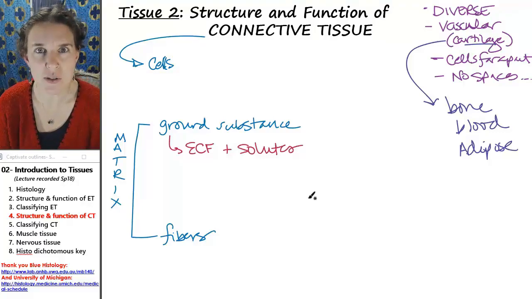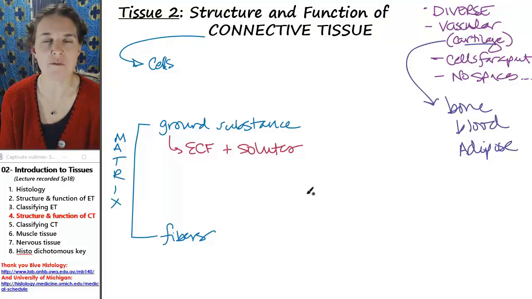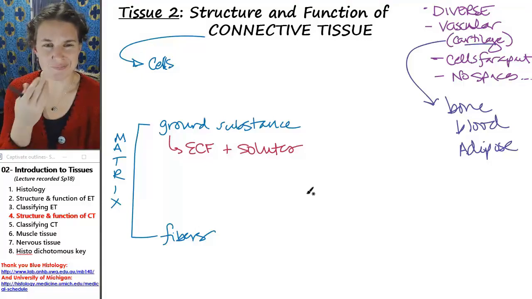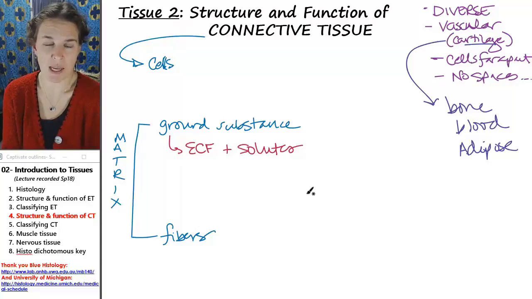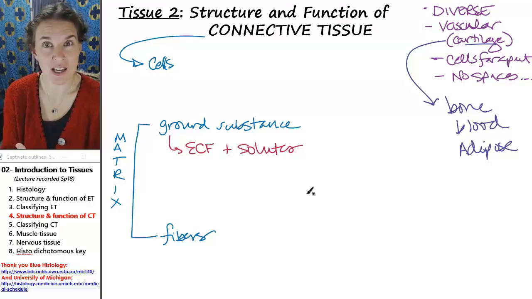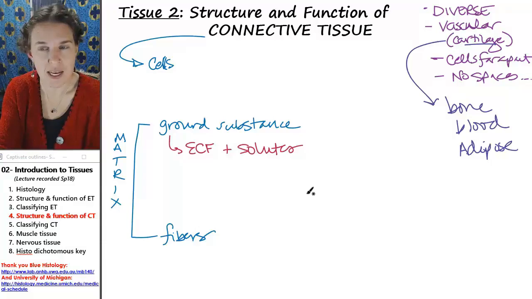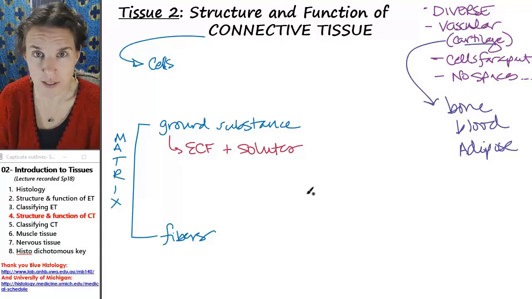Some solutes that are found are proteoglycans. Have you ever heard of glucosamine? It's a supplement that you can take for joint pain. It's actually a super hydrophilic solute found in the ground substance of connective tissues like cartilage.